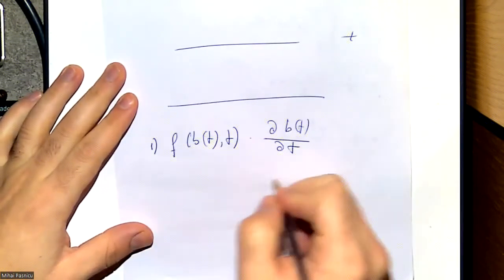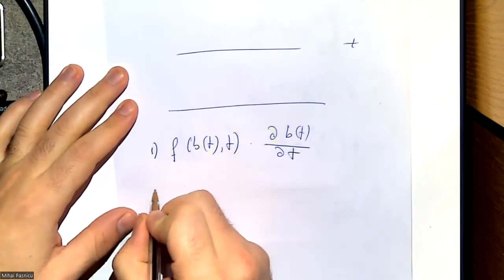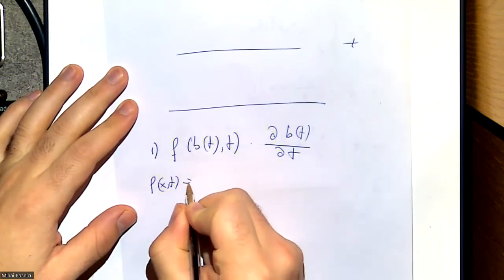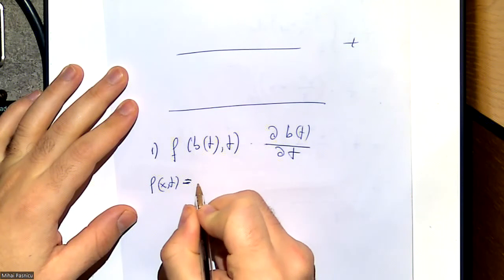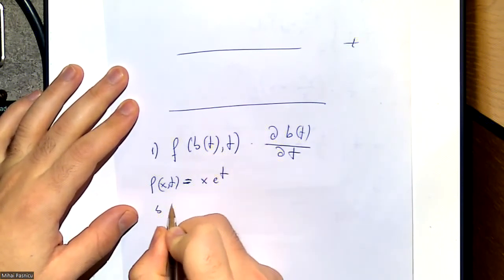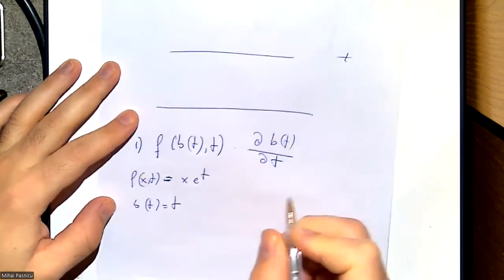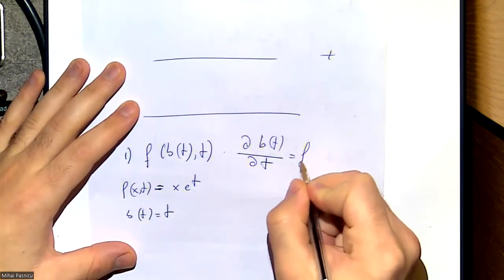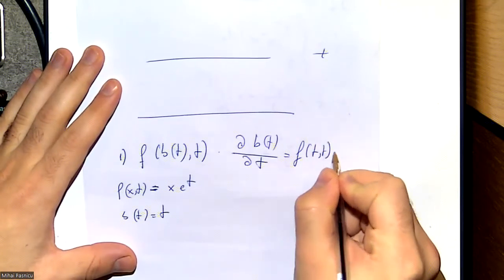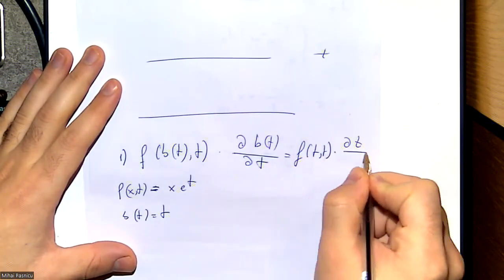Okay, so you have this. As I said, my f(x,t) is equal to x e^t, and b(t) is equal to t. So this is equal again, hopefully you guys got the idea of what I'm doing. So I'm just going to accelerate a little bit.